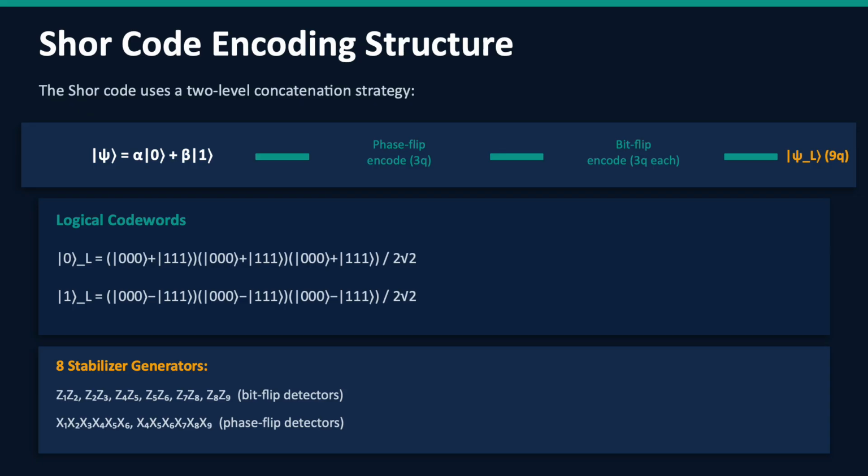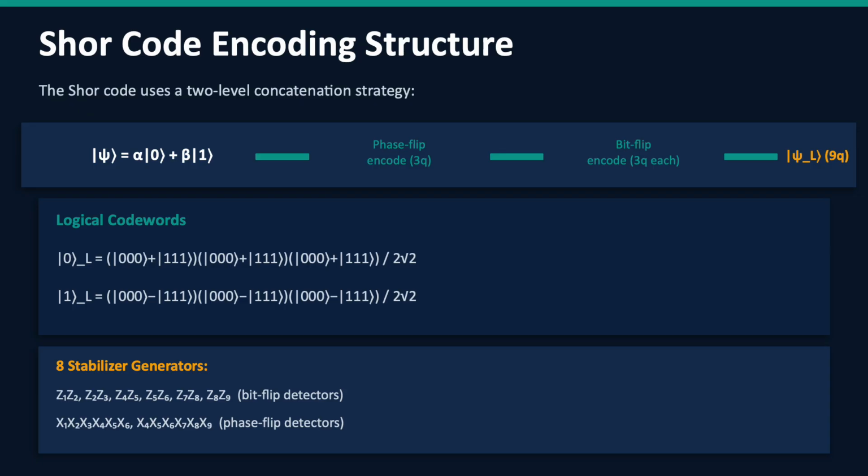The inner encoding then takes each of these three groups and applies a repetition strategy within each group, making bit flip errors within any group detectable by comparing the three qubits in that group against each other. The result is that a bit flip error anywhere gets caught by the inner code, and a phase error anywhere gets caught by the outer code.